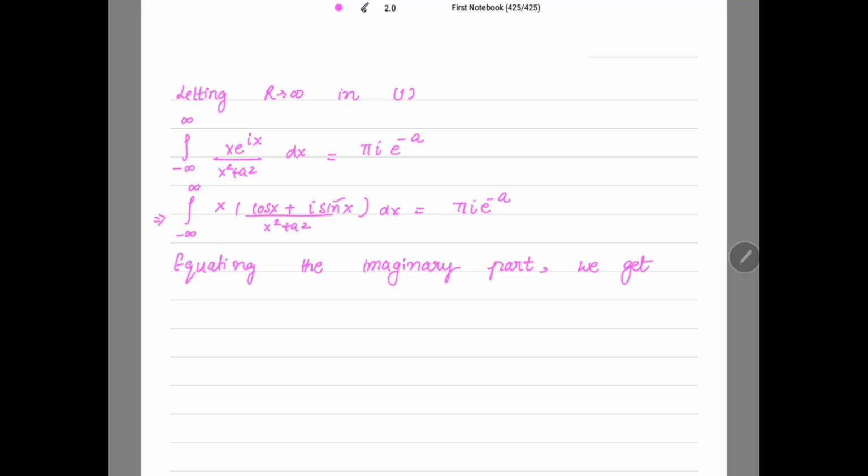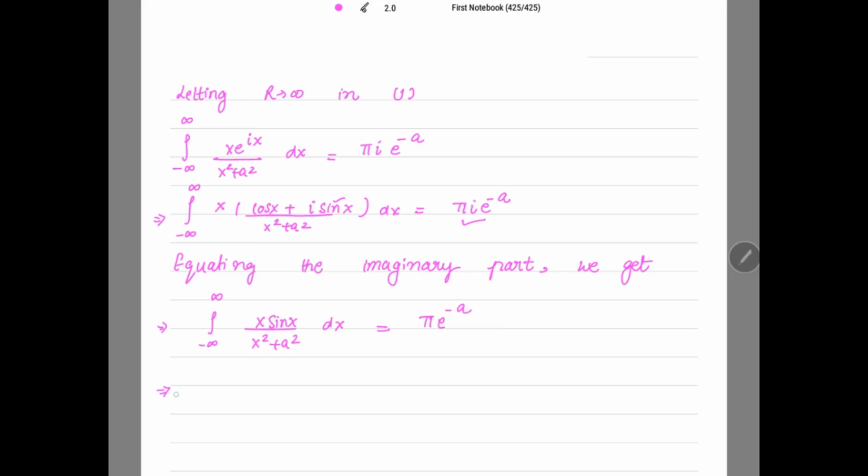So equating the imaginary part, we get the integral from minus infinity to positive infinity of x sine x over x square plus a square dx is equal to, on the right hand side also the imaginary part, iota, so pi e to the power minus a.